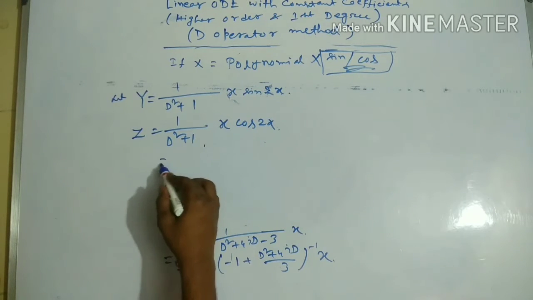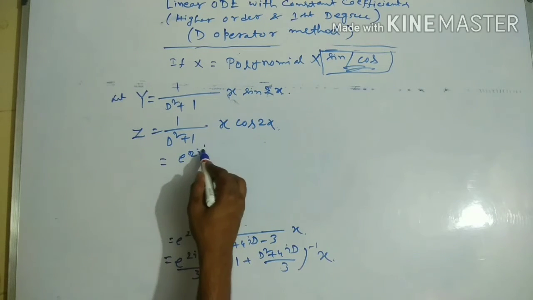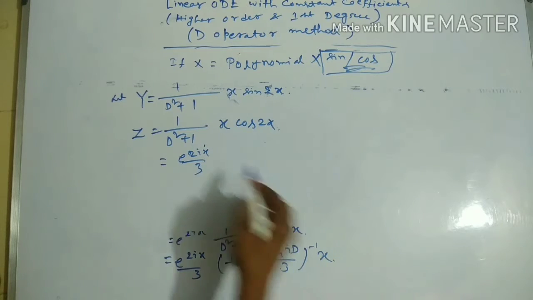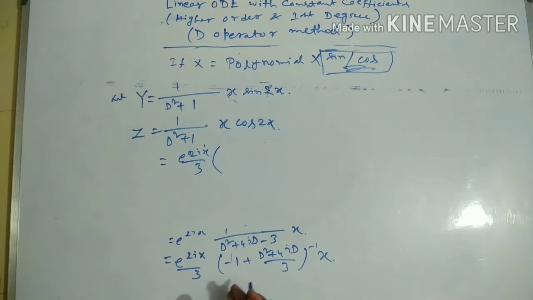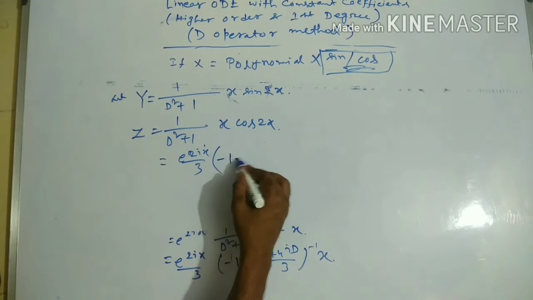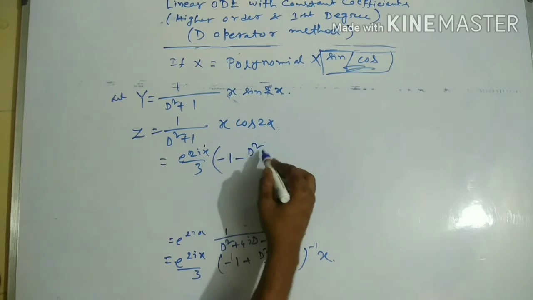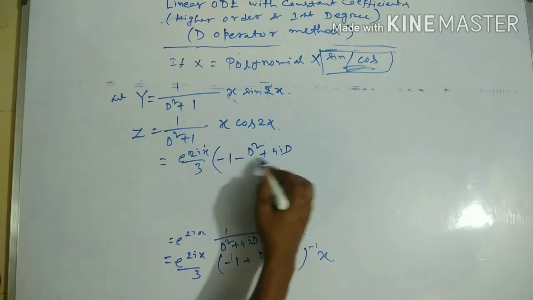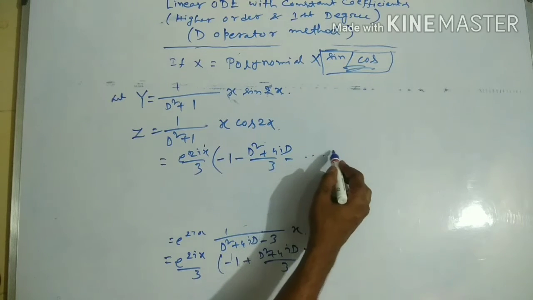I am writing here e to the power 2ix by 3. This is the form of minus 1 plus x, and we know that the formula of 1 minus x to the power minus 1 is 1 plus x plus x square plus x cube plus dot dot dot. So here it will be minus 1 minus x, that is D square plus 4iD by 3, minus dot dot dot.